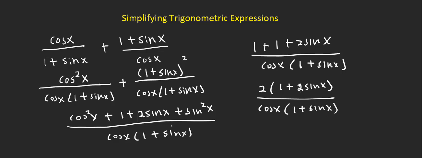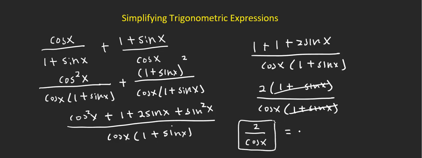I'm sorry, this has to be 1. Okay? Now, you could cancel this out. You get 2 over cosine x. Now, this is correct. However, sometimes the book goes a little bit further.